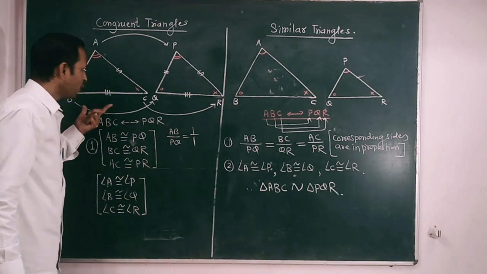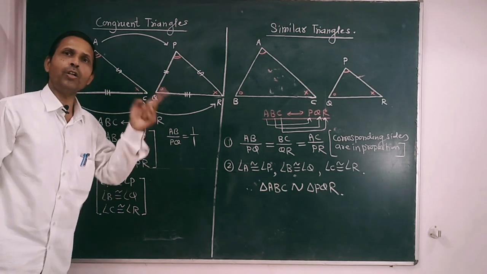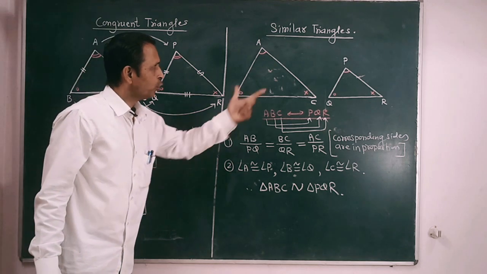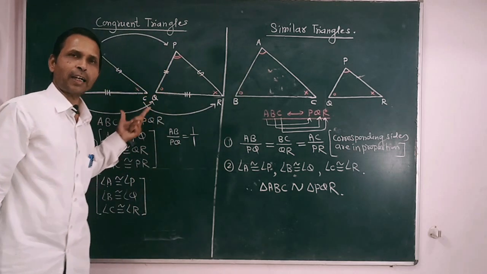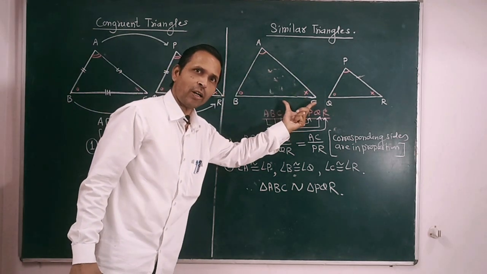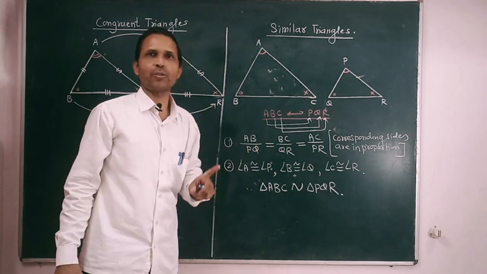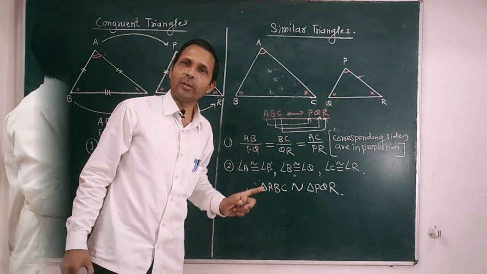Hence we conclude that congruent triangles are also similar triangles, but 2 similar triangles may or may not be congruent. These 2 similar triangles are congruent if the ratio of corresponding sides is 1:1. Otherwise, these 2 triangles are called similar triangles.